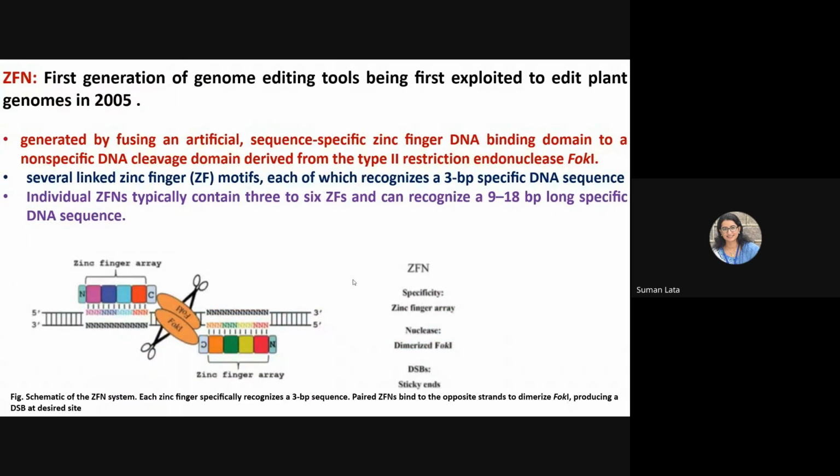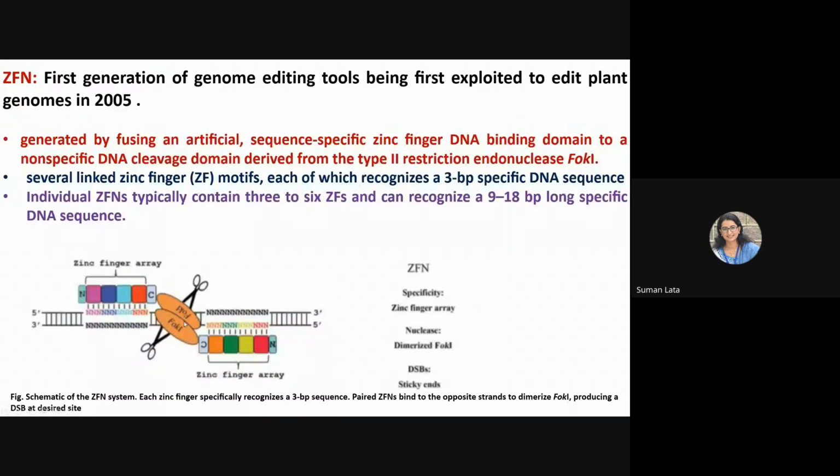So after meganucleases, the first generation of the genome editing tool came, and that was ZFN, the zinc finger nuclease. The zinc finger nucleases are generated by fusing a zinc finger domain with FokI.